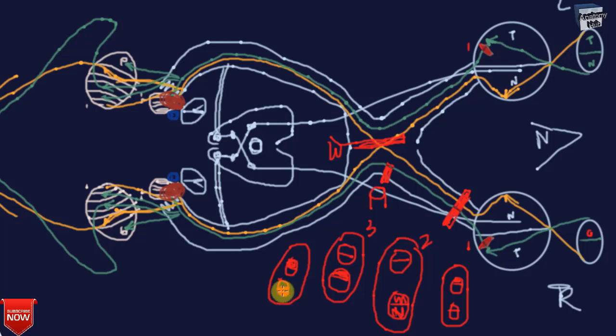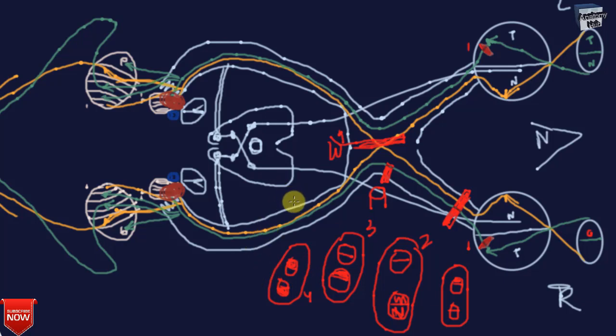This is actually the bitemporal hemianopia. Hemi means half, anopia means blindness. So this area number 4, you can consider this is the fourth lesion. If the fourth lesion is there, then it will be bitemporal hemianopia.